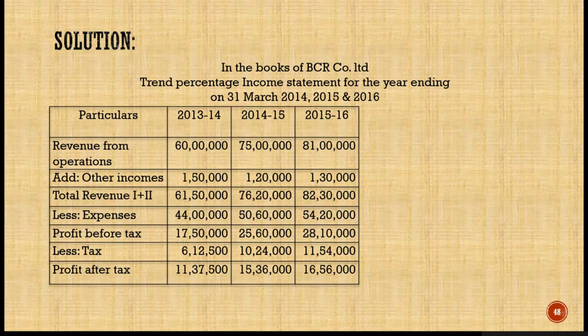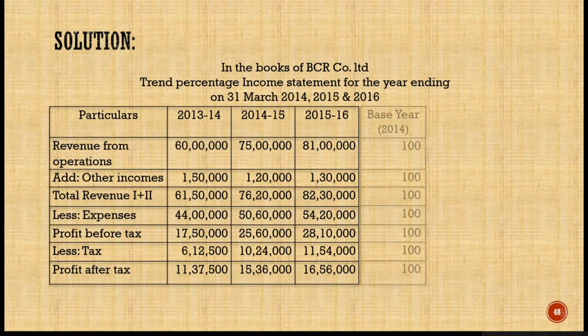Here, we will take 1 year as a base year. Generally, the first year is taken as the base year. The figures of the base year are taken as 100. So here, the base year will be 2014 data. All the figures will become 100 as it is a base for further calculation.